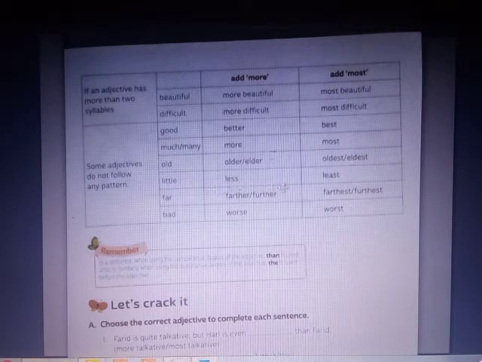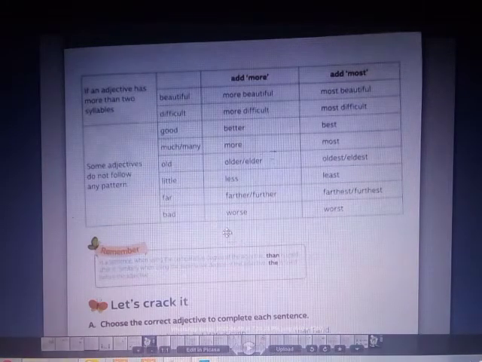Little, less, least. Far, further, farther, farthest, furthest. Bad, worse, worst. So in some adjectives we don't follow any pattern, their comparative and superlative are completely changed from their positive degree.